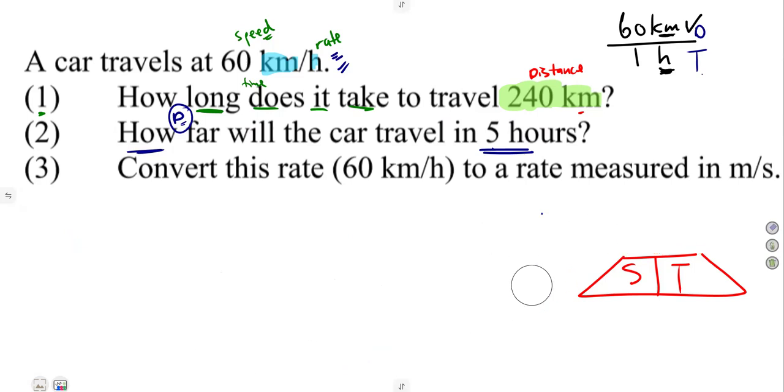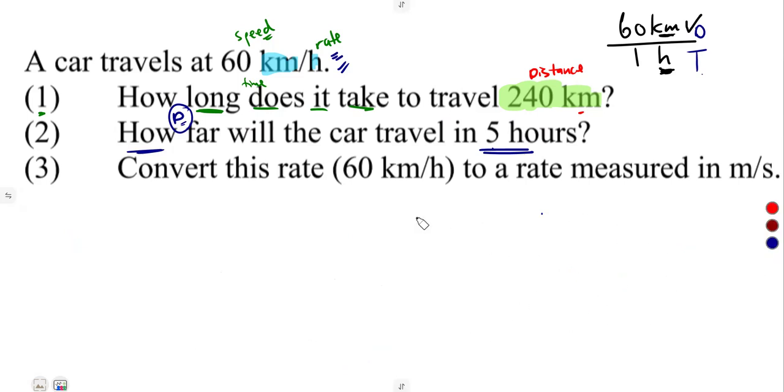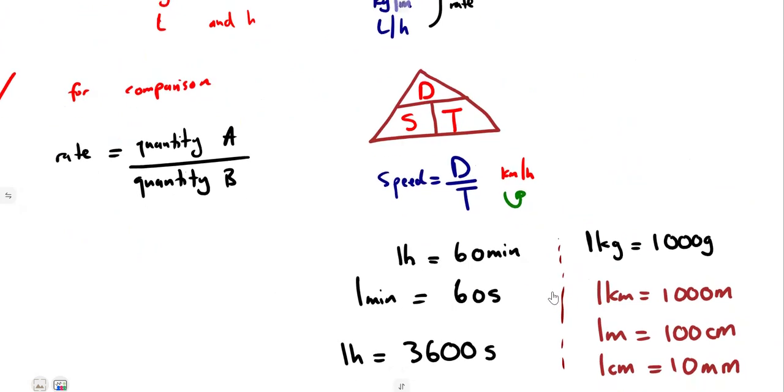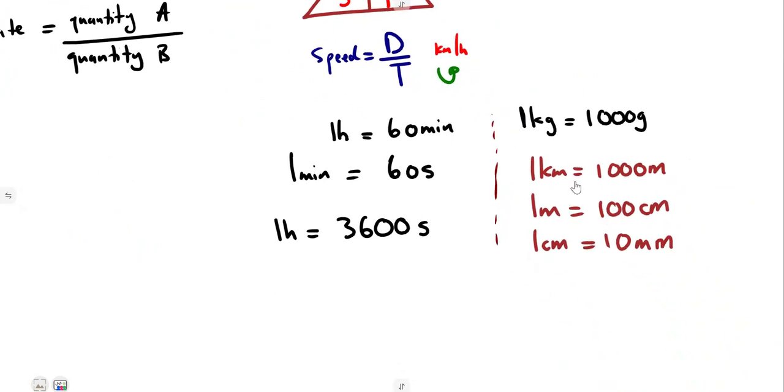Convert this rate, 60 kilometers per hour, to a rate measured in meters per second. You see that part that I was explaining. It will be important for you to know these conversions, kilometers and meters, hours and seconds.